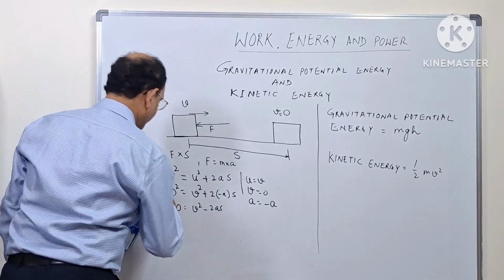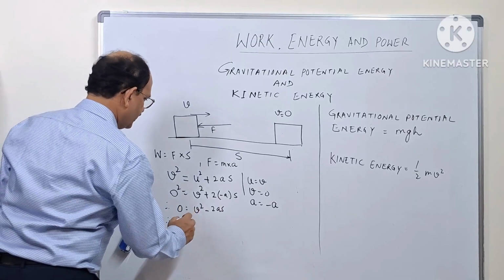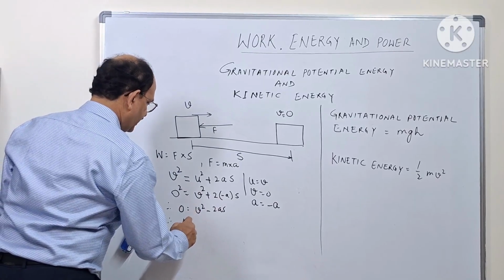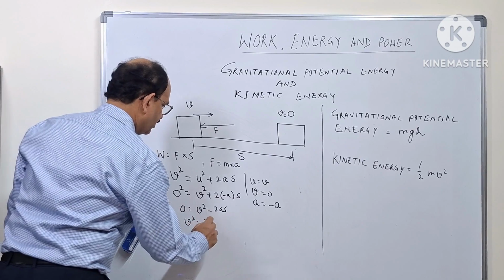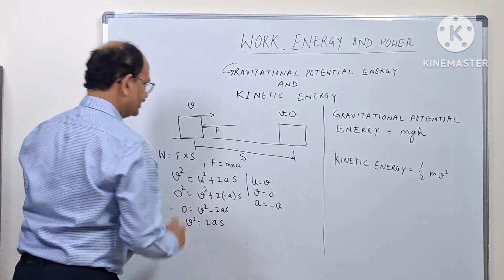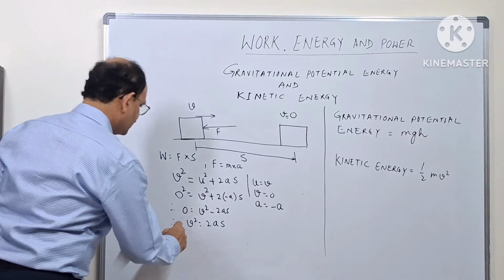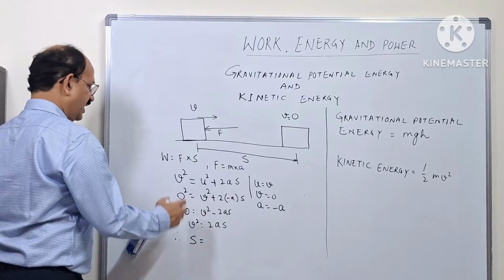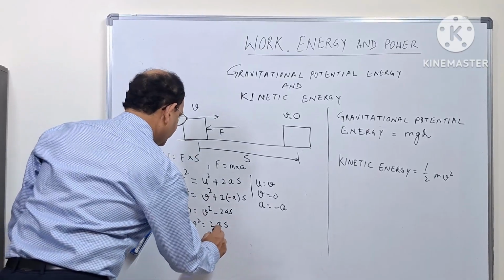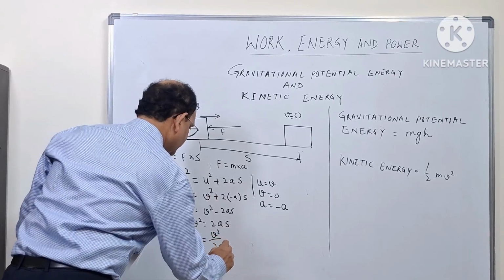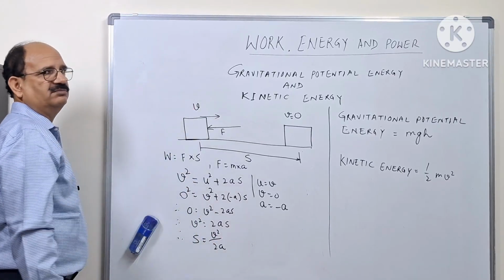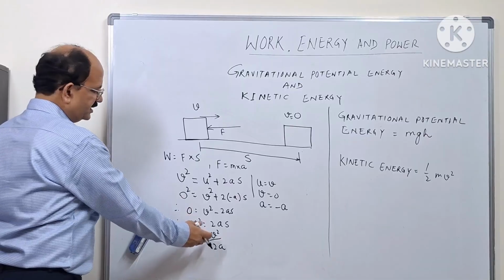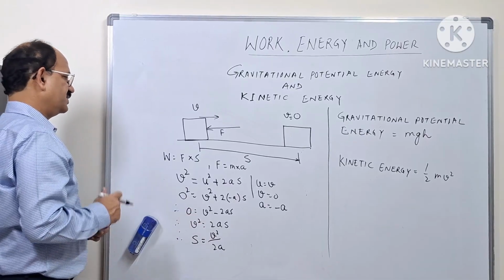And therefore you can write that v square will be equal to 2 times a times s. And from this you can write the distance covered by the body will be equal to v square upon 2a. Okay. So this becomes the distance covered by the body, right?